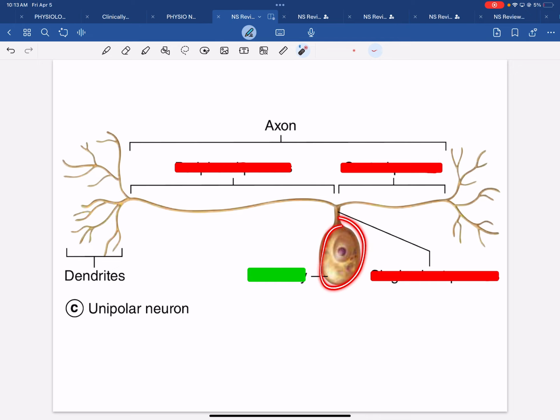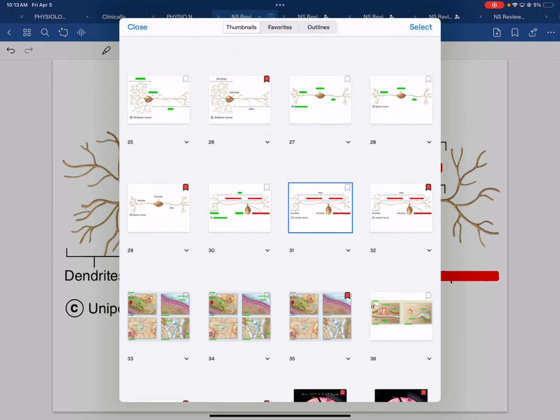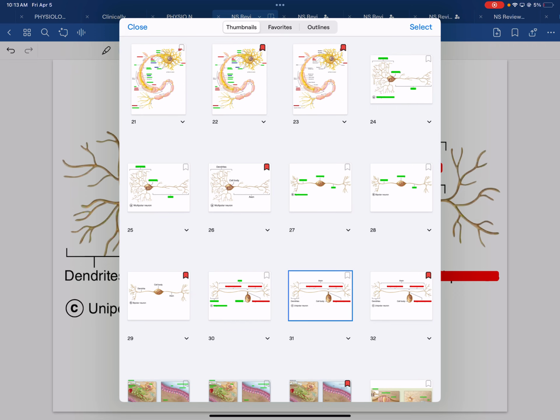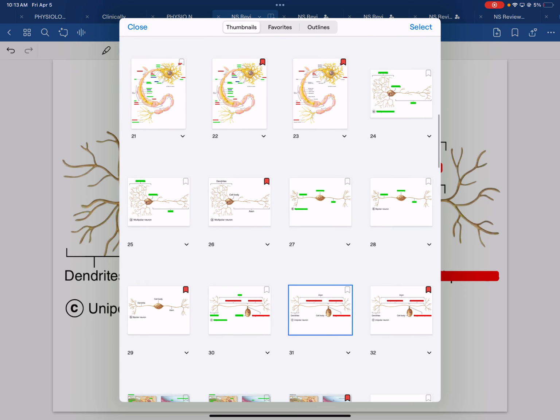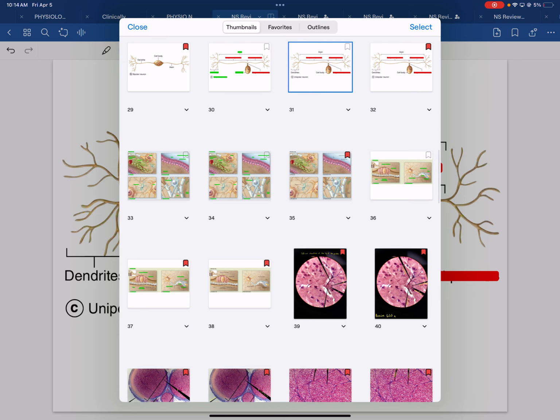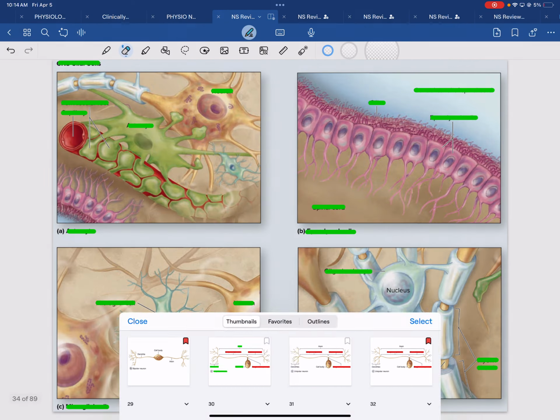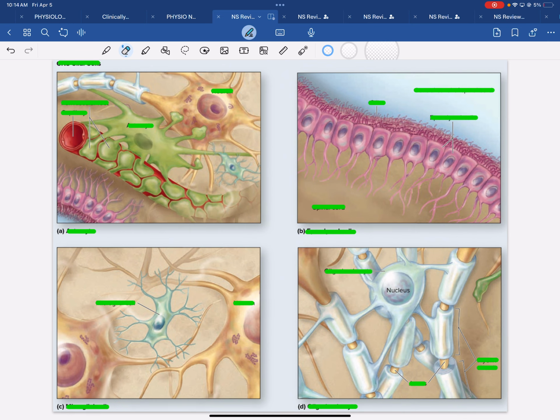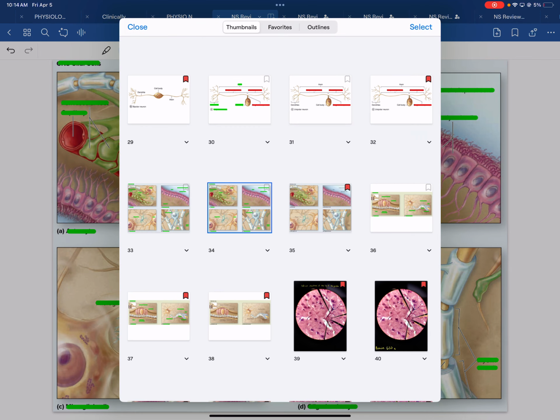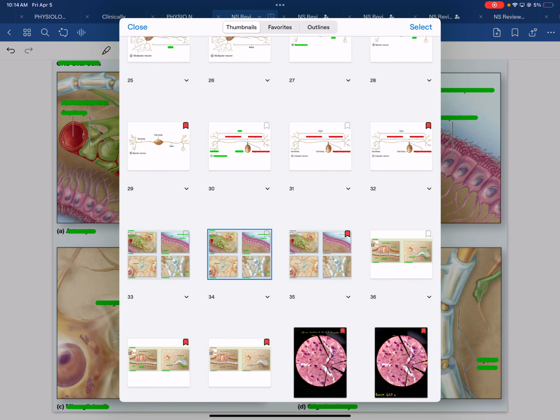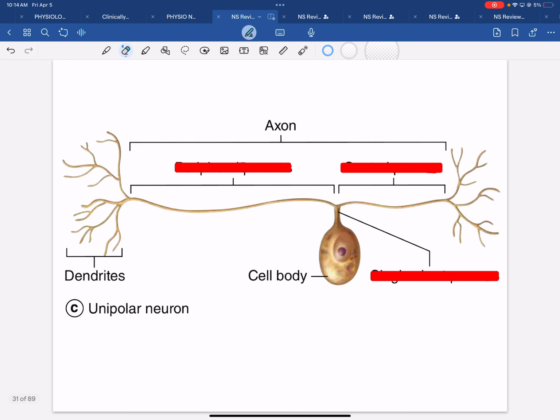What is this? Cell body. The cell body, good. The other ones look the same. Is that an axon hillock on the unipolar one too? Oh, this?